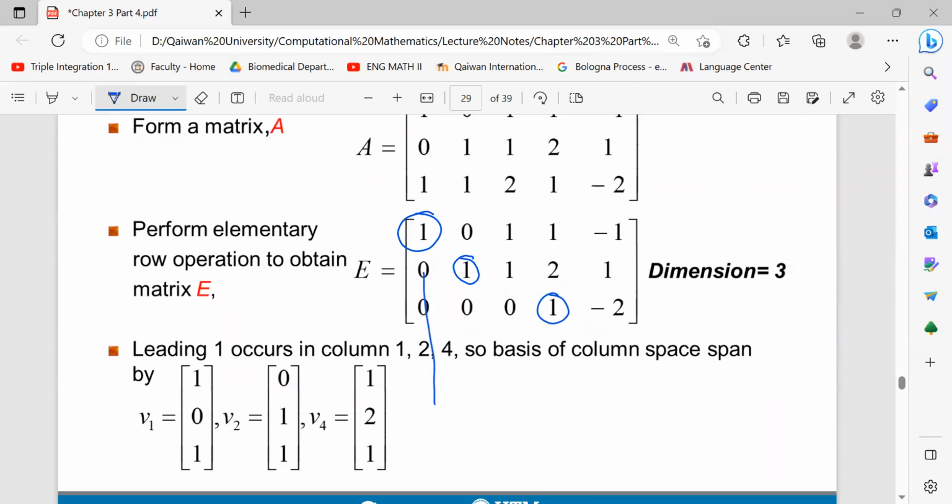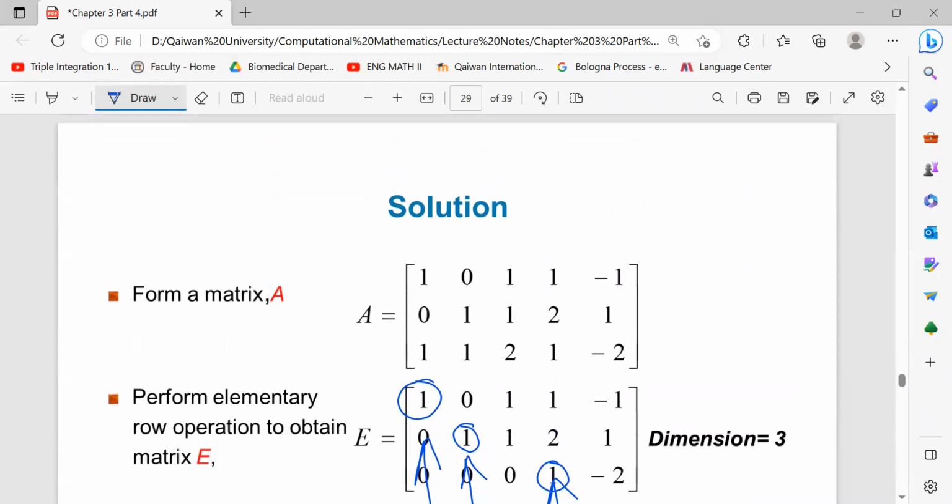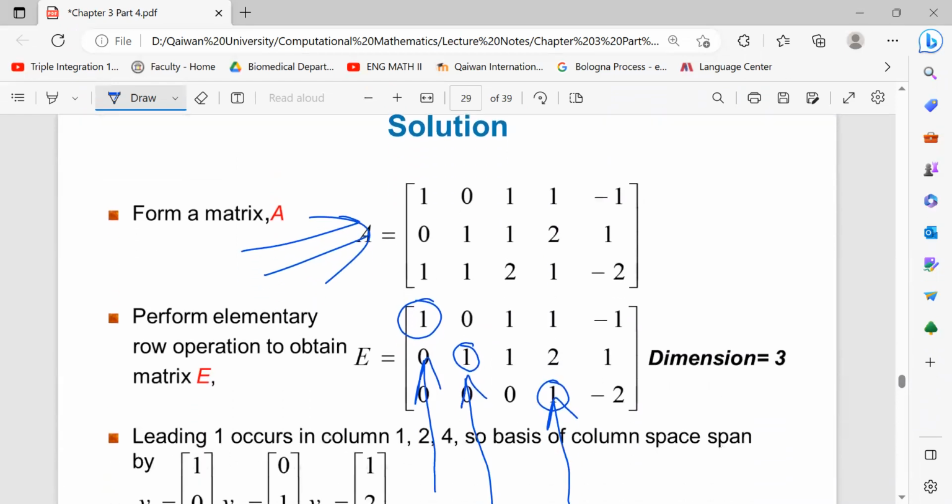This is in column 1. This is in column 2. This is in column 4. That means columns 1, 2, and 4 in the given original matrix. In A, we choose columns 1, 2, and 4.